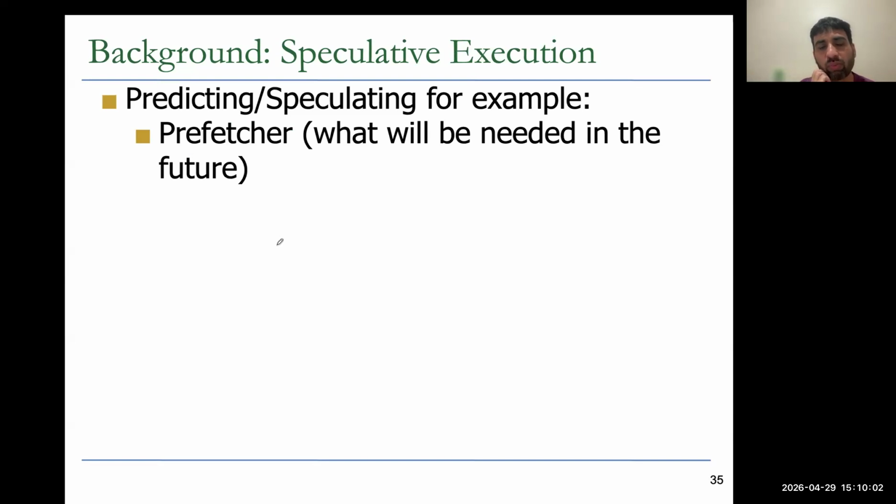For example, prefetchers. In a prefetcher, your processor will monitor the access pattern of a program, and then depending upon the access pattern, it will fetch in advance the data which will be needed in the future, right?